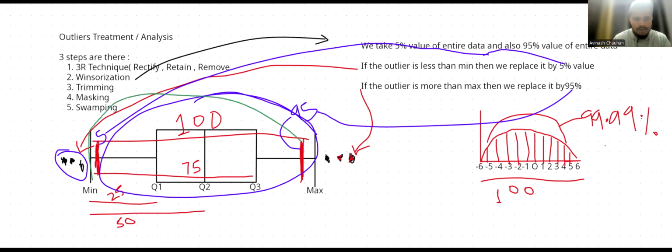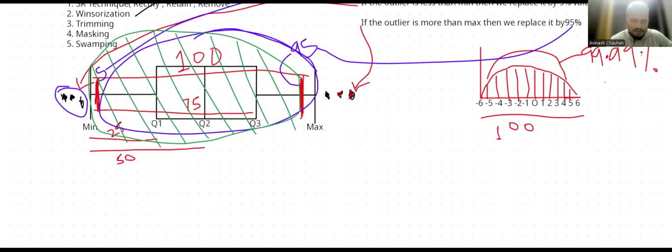You can rewind the video. This graph looks a little messy, so you can rewind it and watch it again. So this many data, the shaded portion in green, it's 95% of the data.